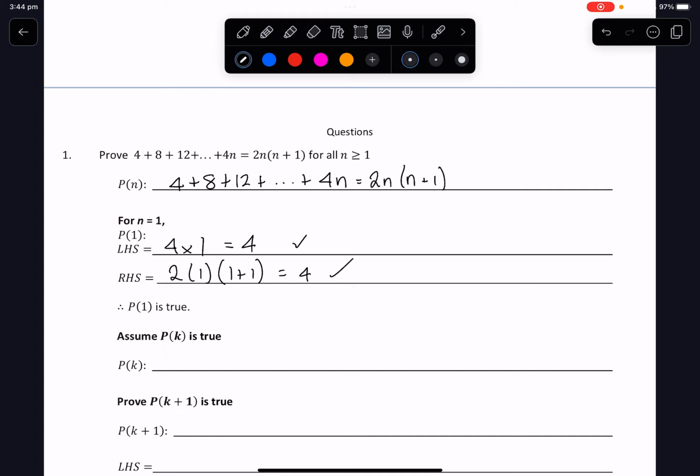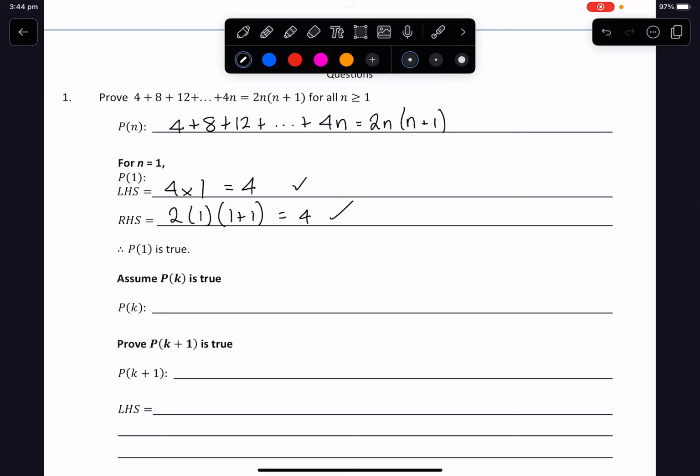Obviously, the trickier bit comes in when we're proving a general case. Just like we did with n equals 1, we're going to substitute n equals k into my P of n statement, but I'm going to write the whole statement out. So it's going to be 4 plus 8 plus 12 plus up to 4k.